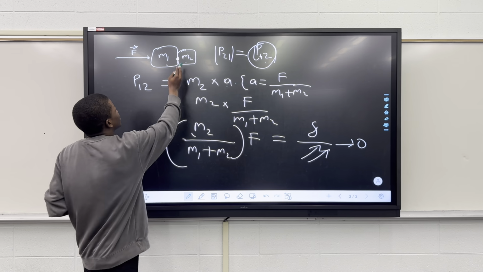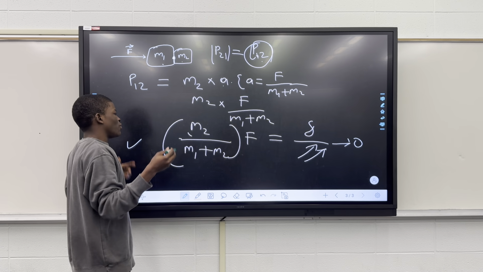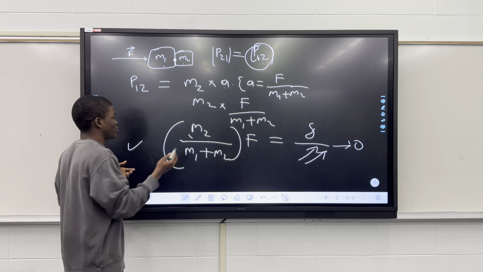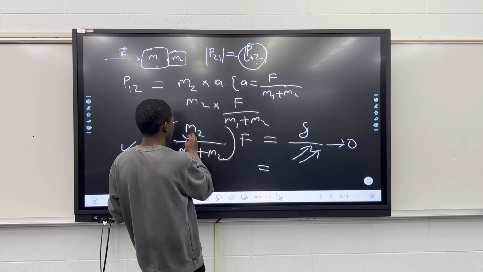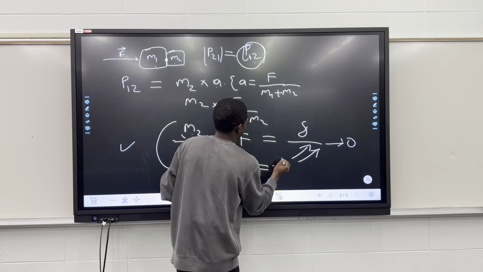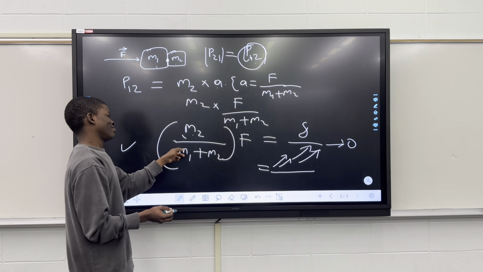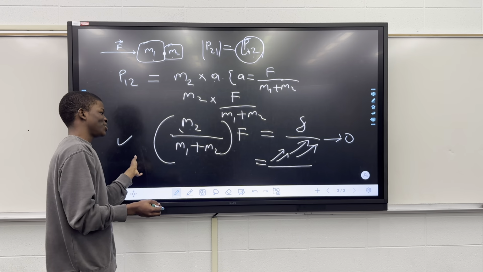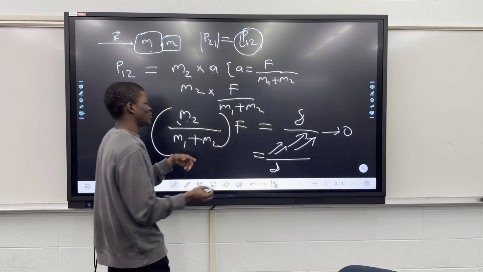While if mass M2 is much bigger than M1, it will be the opposite. If M2 is much bigger than M1, we'll have M1 now negligible, so I'll just write delta plus something that's much bigger.